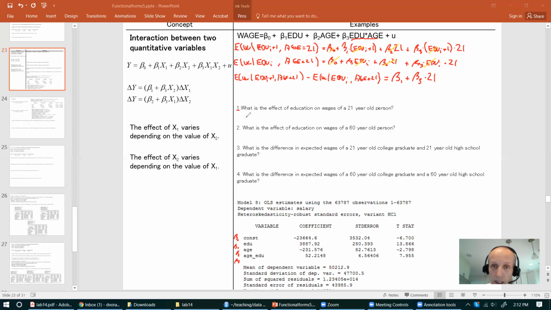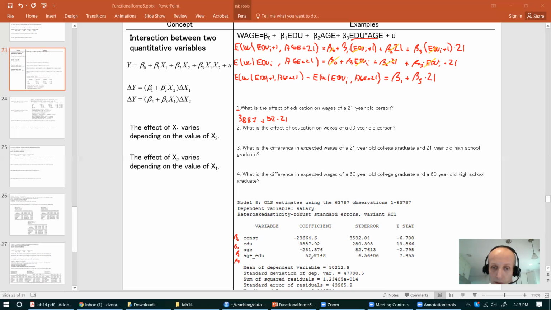So beta 1, the coefficient on education, is 3,887 plus beta 3, which is 52, times 21.